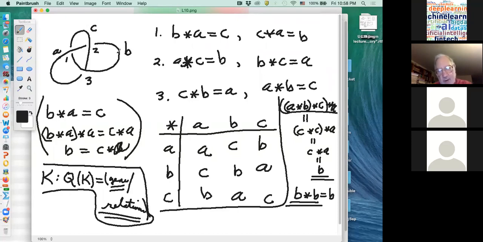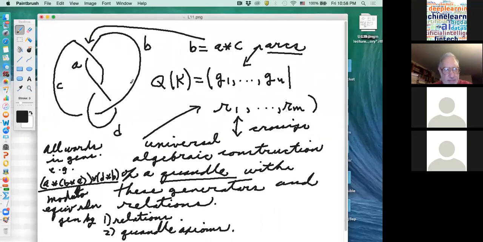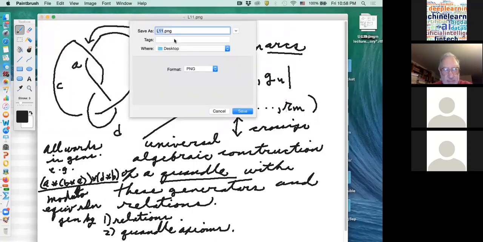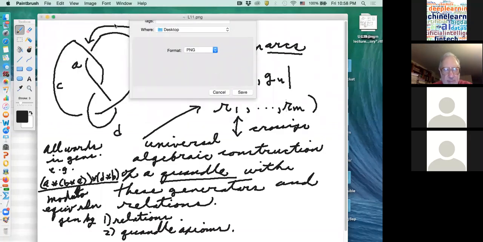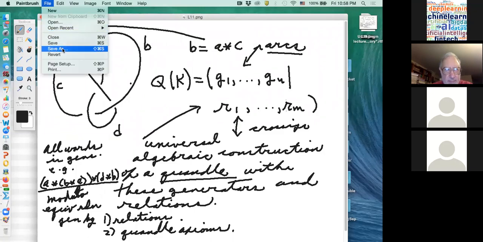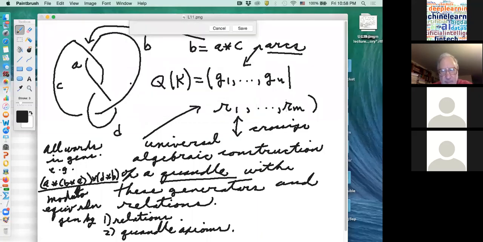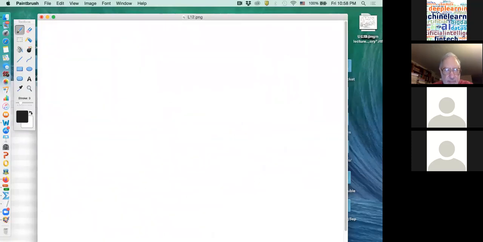Now, what is the advantage of saying it in this algebraic form?